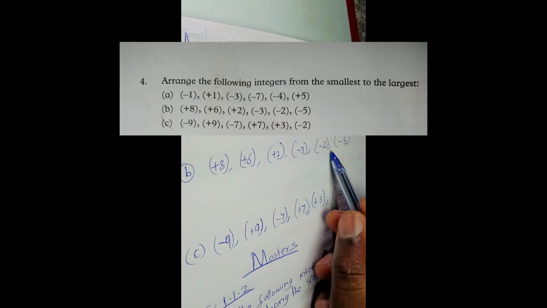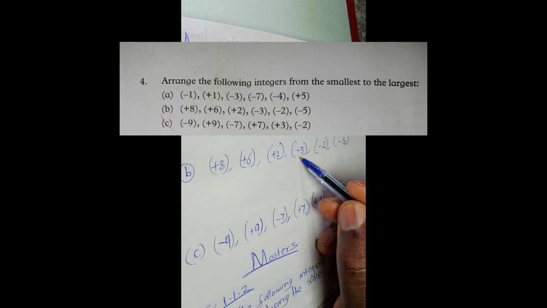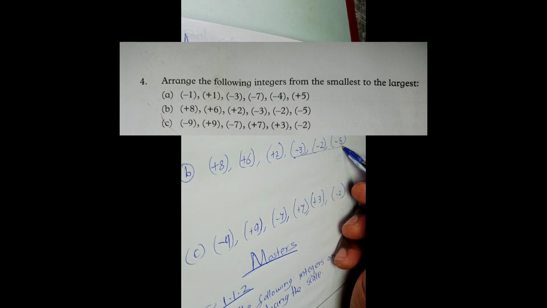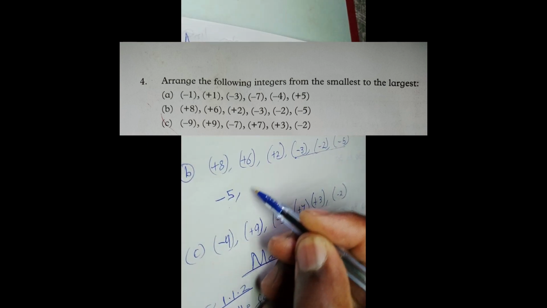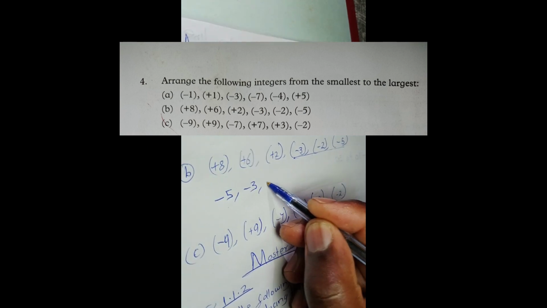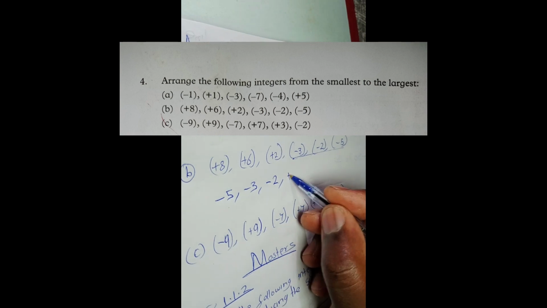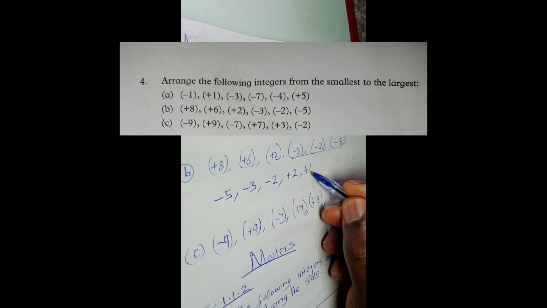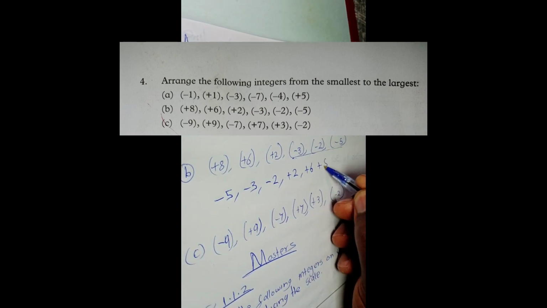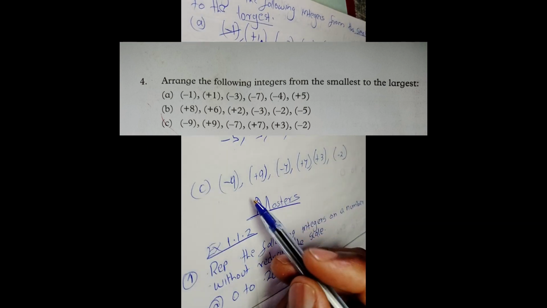The next question, we start with the negative, the number which has the greatest number, which is negative 5, then we move to negative 3, then negative 2, then we move to positive: positive 2, positive 6, and positive 8. From there we move to the other one.